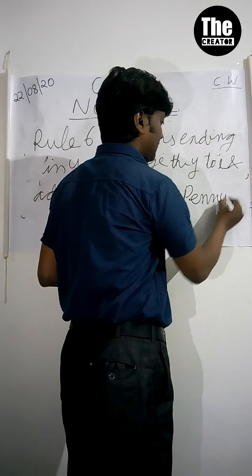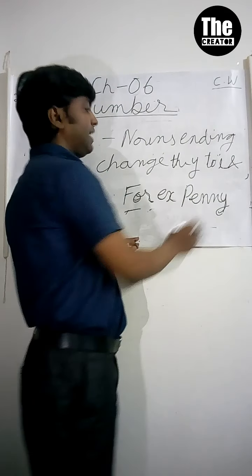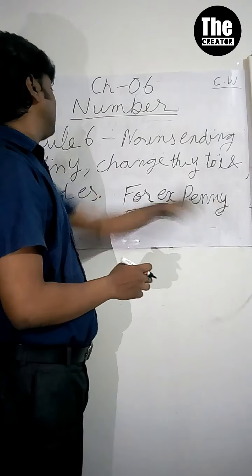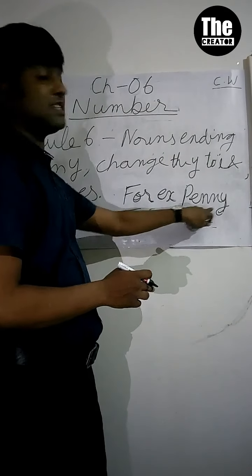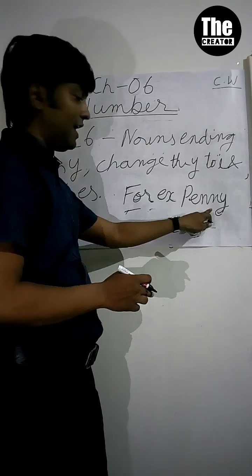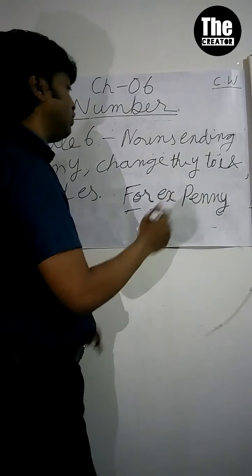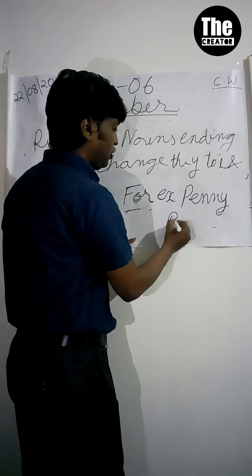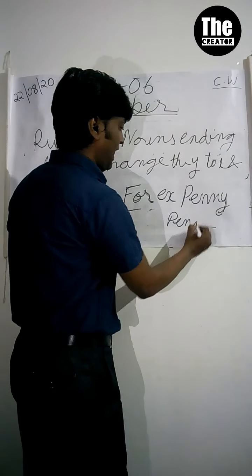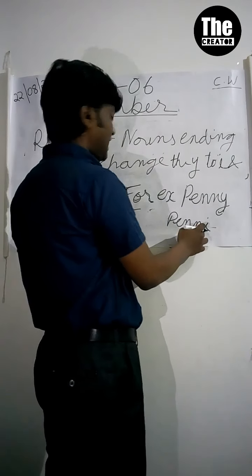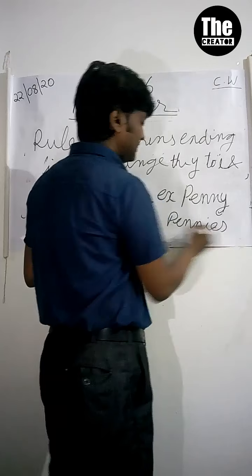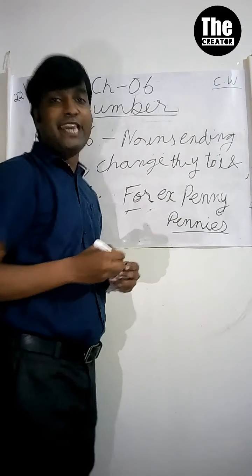For example, if we talk about penny, penny. So in this noun, Y is at the end. As you can see in the rule, nouns ending in Y. So this noun also ends with Y. Got it? So what you need to do? Just put pen and I. Remove Y, put I and add ES. Then it would become pennies.